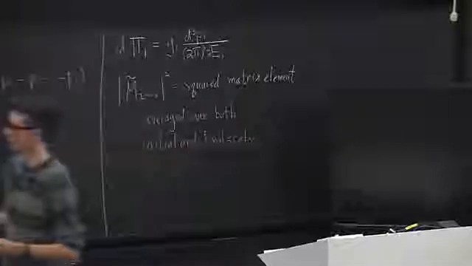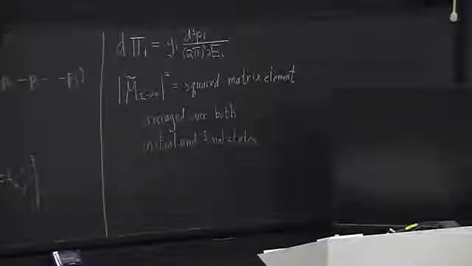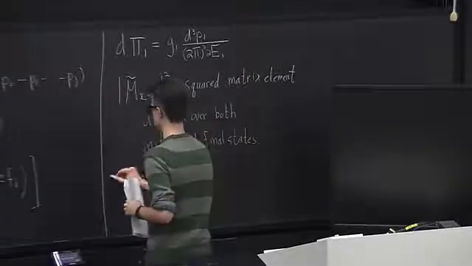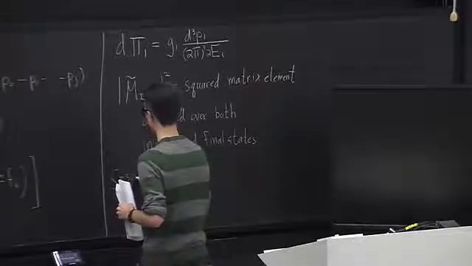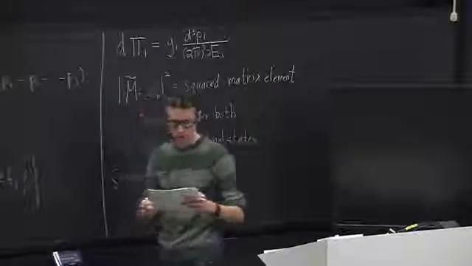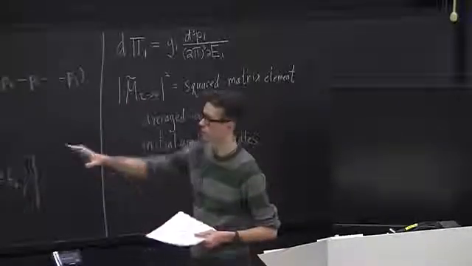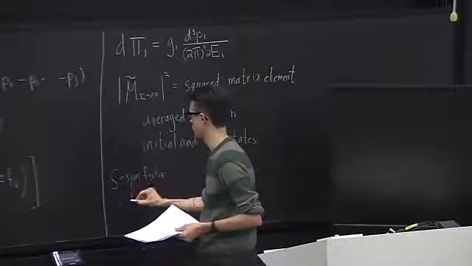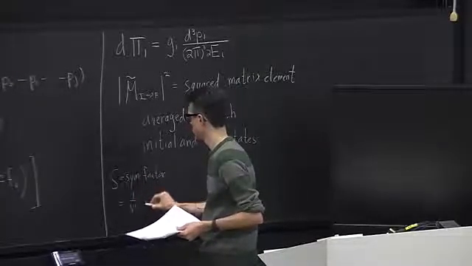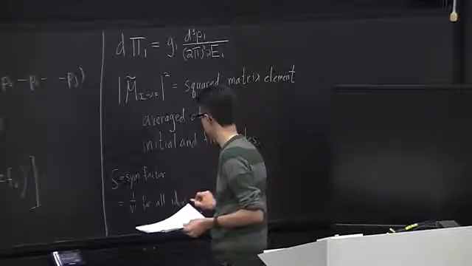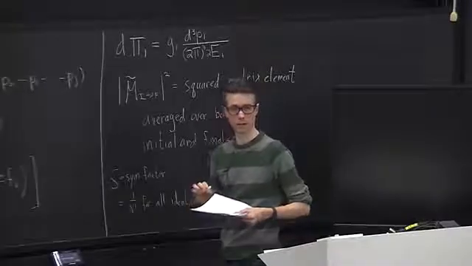Okay, so there's a lot going on here, but this should start to, yes? Oh yeah, I forgot the s. The s is a symmetry factor. The s means that I have a factor of 1 over n factorial for all identical initial or final things.